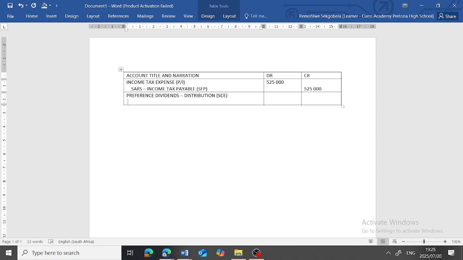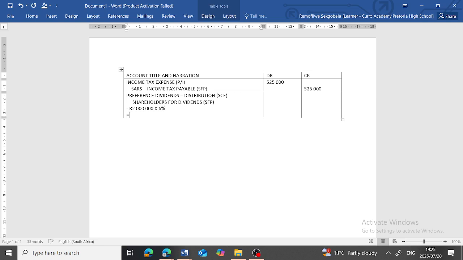We'll calculate that, and then you credit shareholders for dividends, because it's a liability. This is SFP. How are you going to calculate this? 2 million, which is the value of the 1 million shares, times 6%, which gives us a figure of 120,000. This figure of 120,000, you debit here, and then you credit it here.